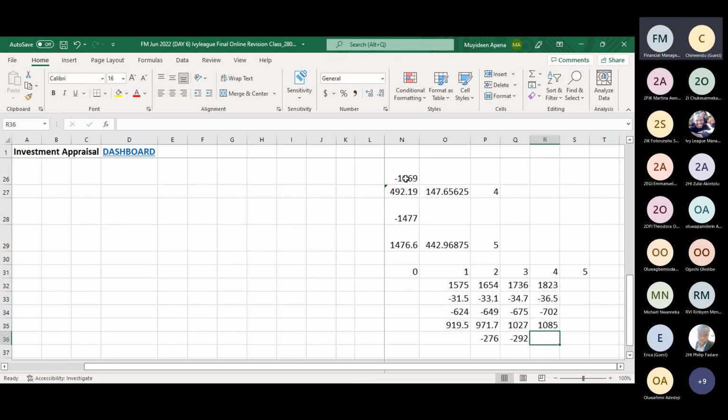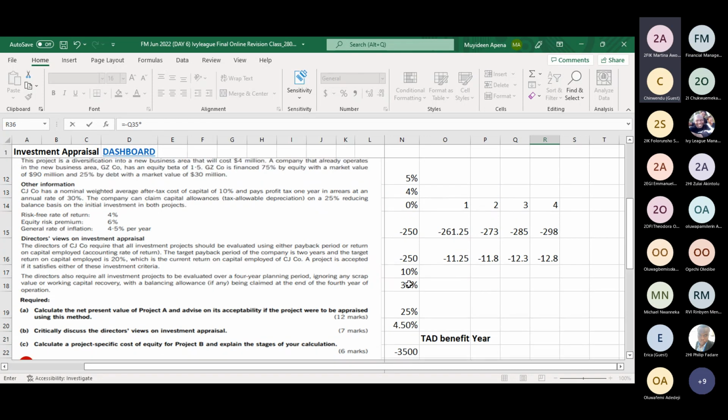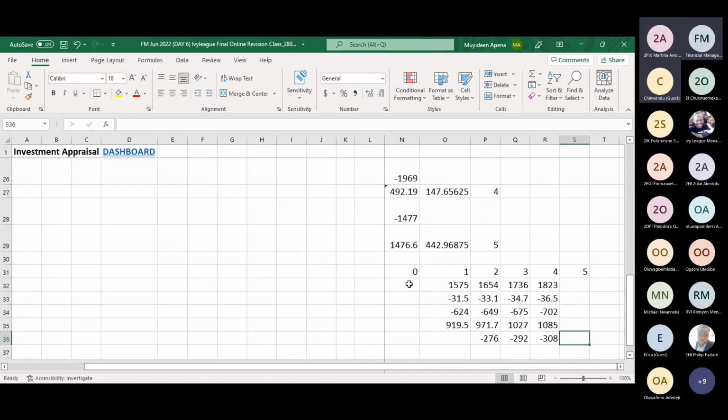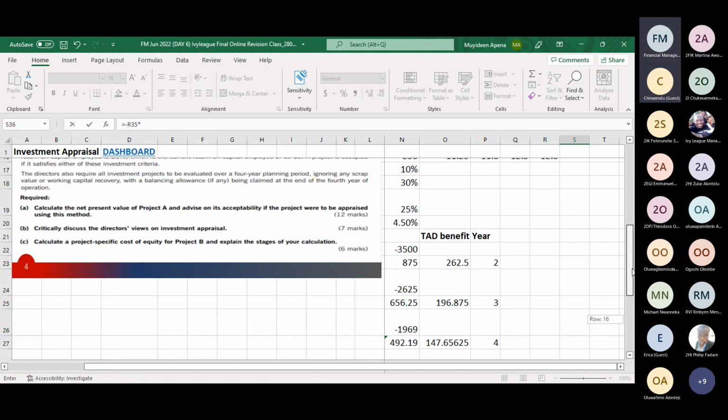Year 3, we made 1,027, multiply that by 30%. And in year 4, the company made 1,085, multiply that by 30%.